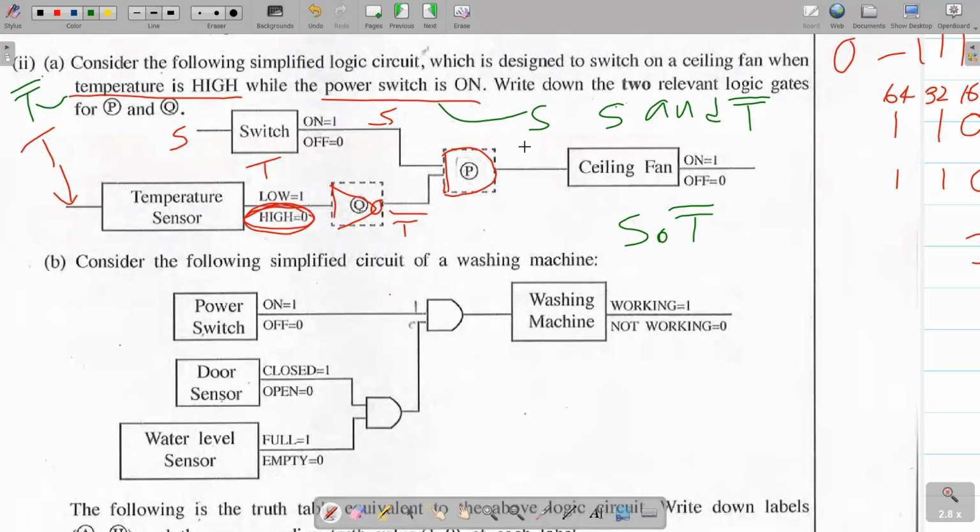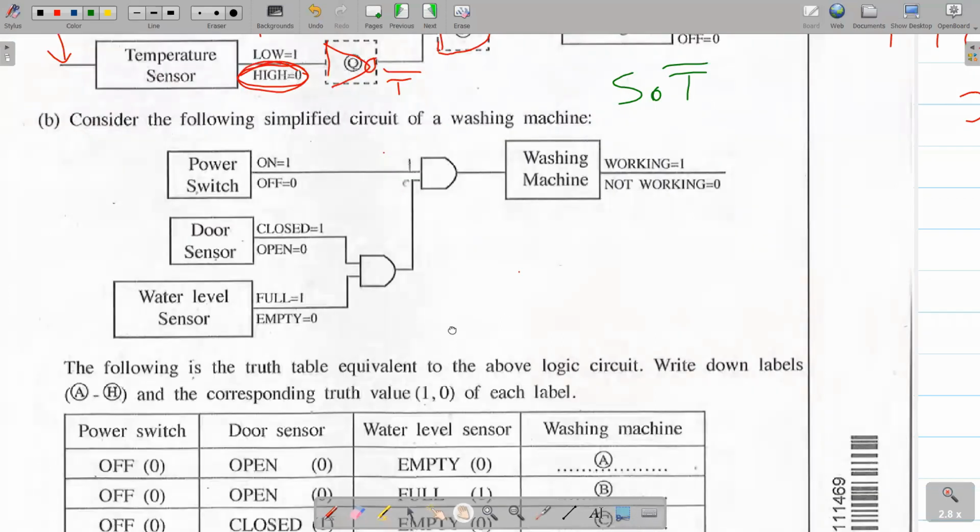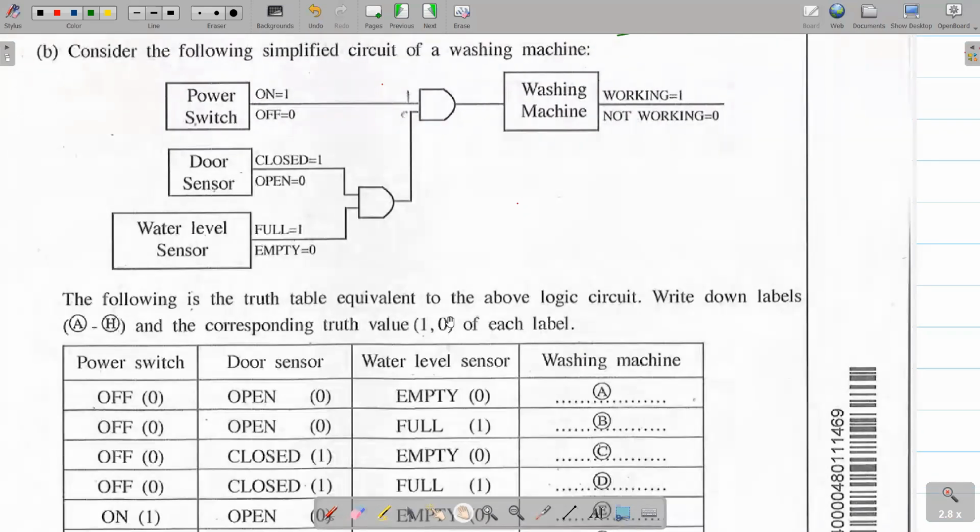Right, part B is asking, consider the following simplified circuit of a washing machine, and the following is the truth table. They have given the truth table below. It says to fill out the truth table, or write in the labels and the corresponding values regarding the computation of the washing machine, the way it works.